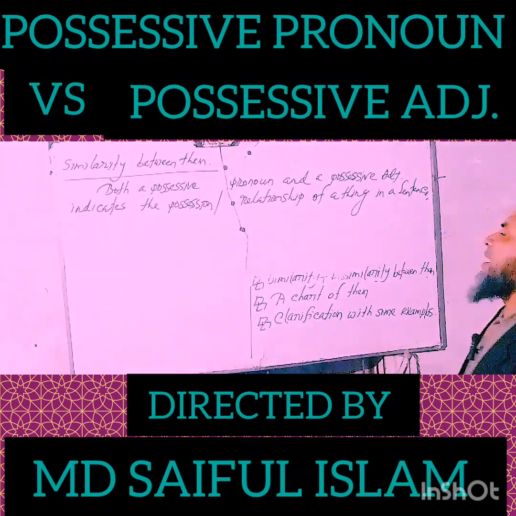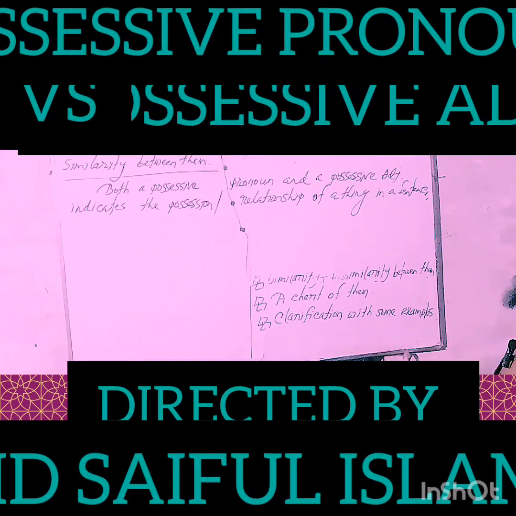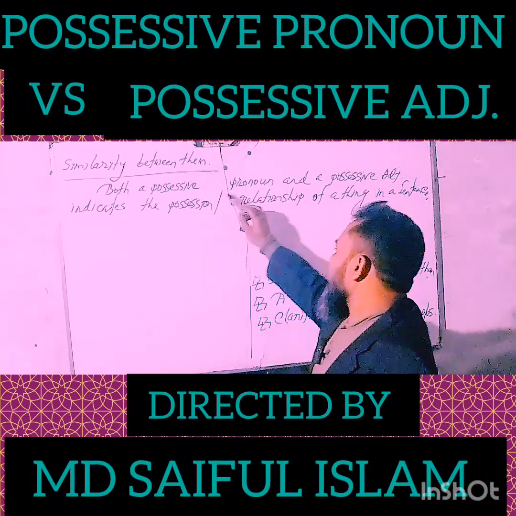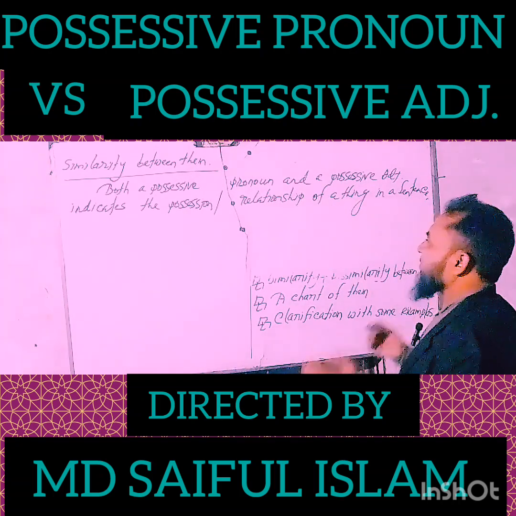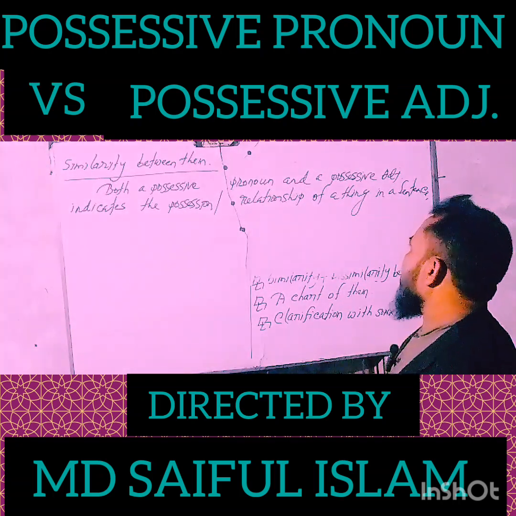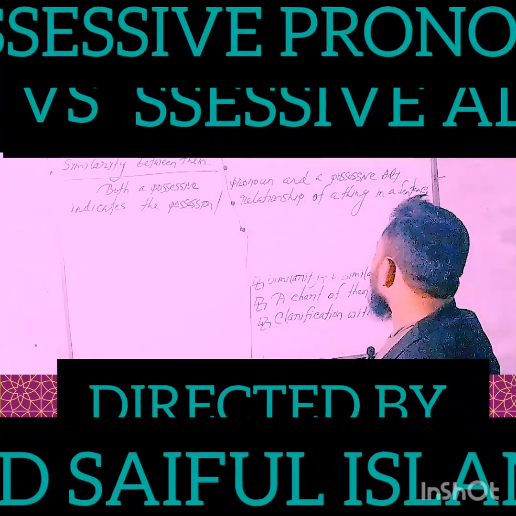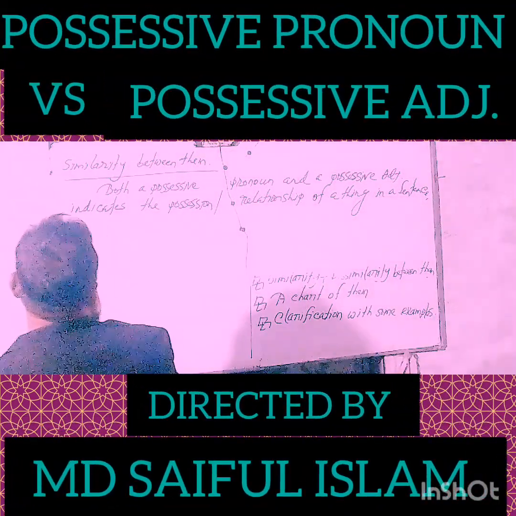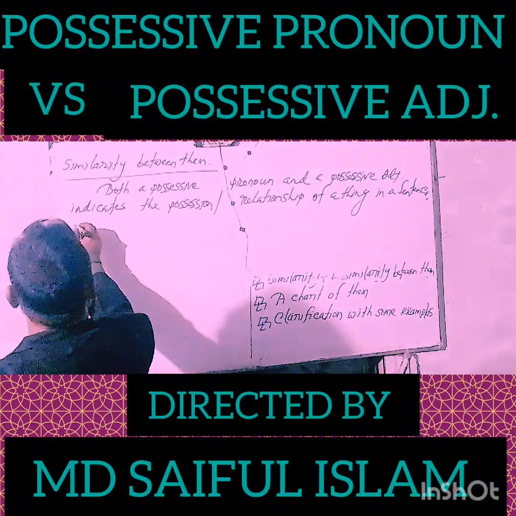Okay, my dear learners, if you asked me about a similarity between them, I want to suggest to you that both a possessive pronoun and possessive adjective indicate the position or relationship of a thing in a sentence. You have understood clearly.